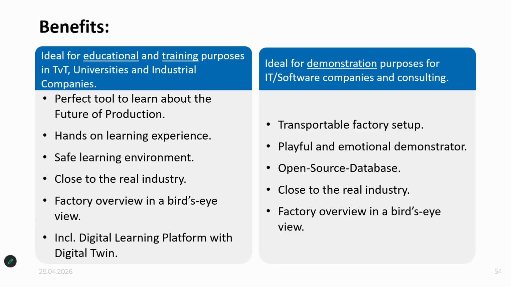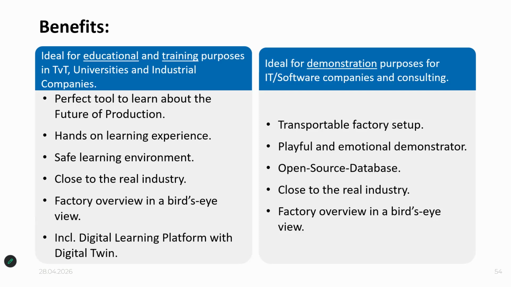It provides a bird's eye view of a working factory, and it, of course, offers considerable added value with the digital learning platform. It's ideal for demonstration purposes for companies involved in areas such as IoT or software development, as well as for consulting.